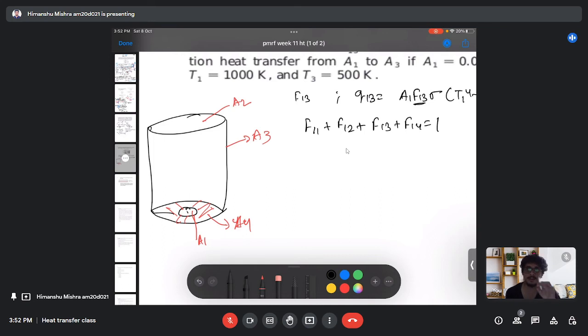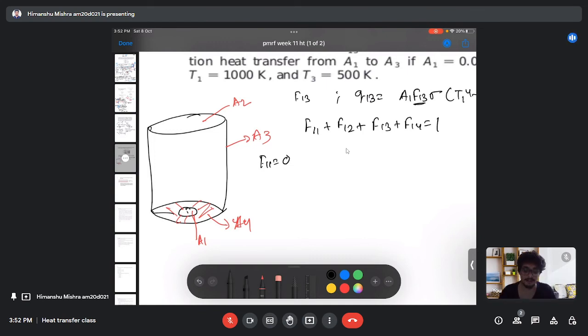Now, just by looking at the diagram or the geometry, by inspection we can get many of the view factors. For example, my F11 will be 0. That means the radiation emitted by surface 1 will not be intercepted by itself. So there will be no radiation falling on surface 1 coming from surface 1 itself.